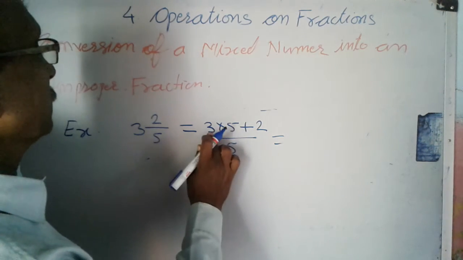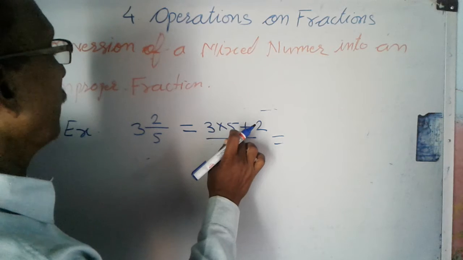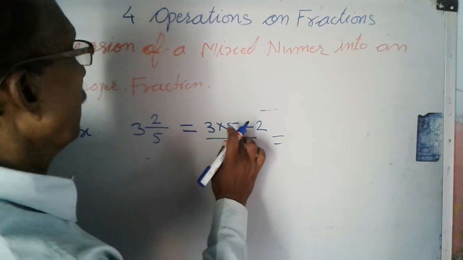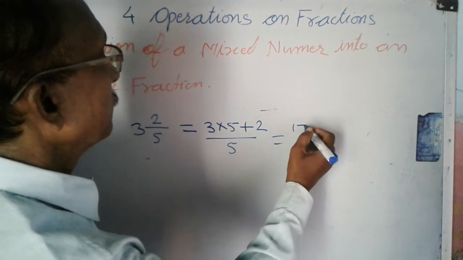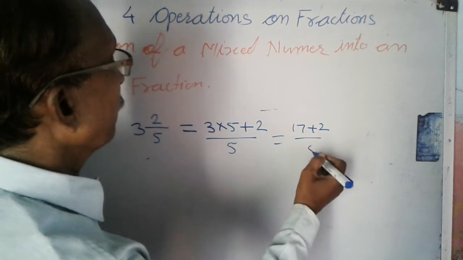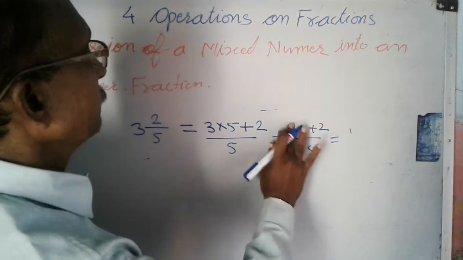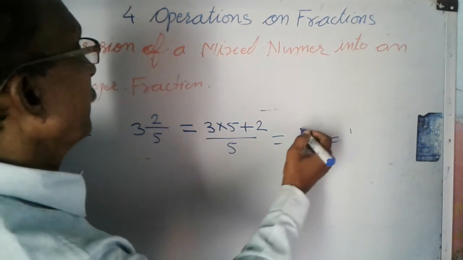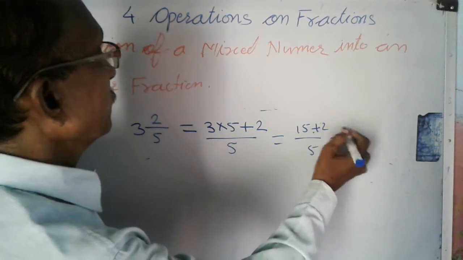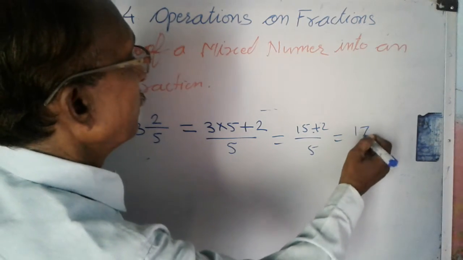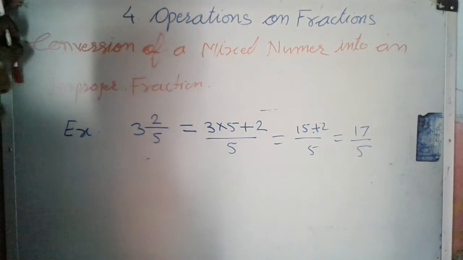So we get 3 multiplied by 5, 3 fives are 15, plus 2, we get 17 upon 5.